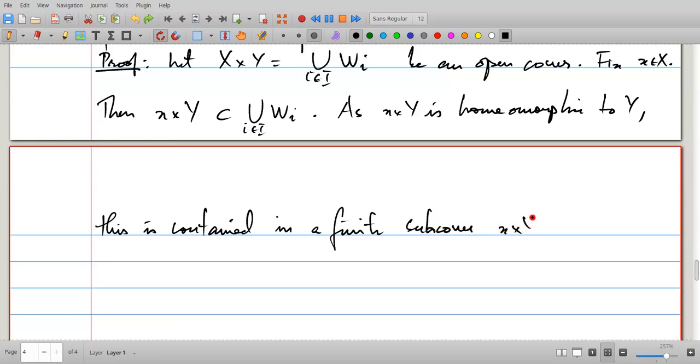So we can say {x} cross Y is contained in the union over i belonging to some I_x of Wi, where I_x contained in I is a finite subset.